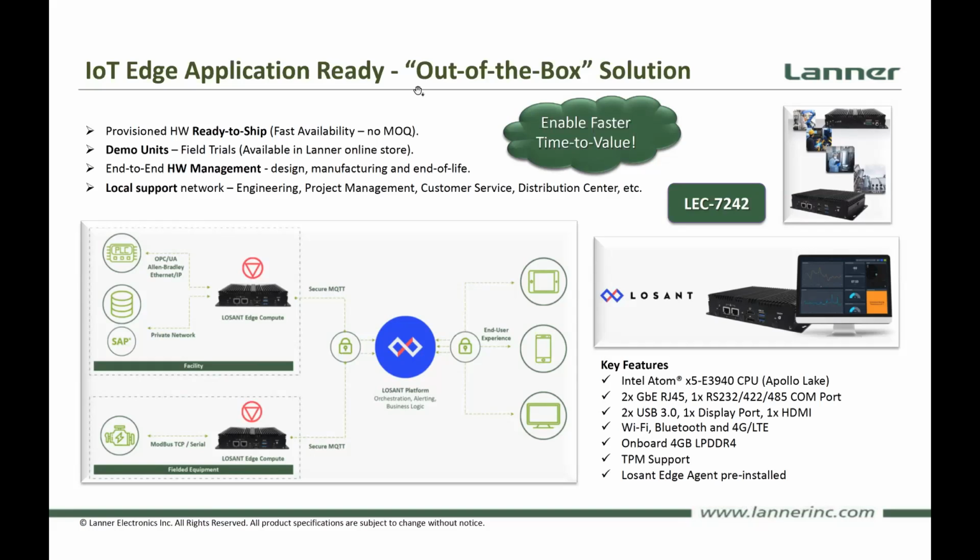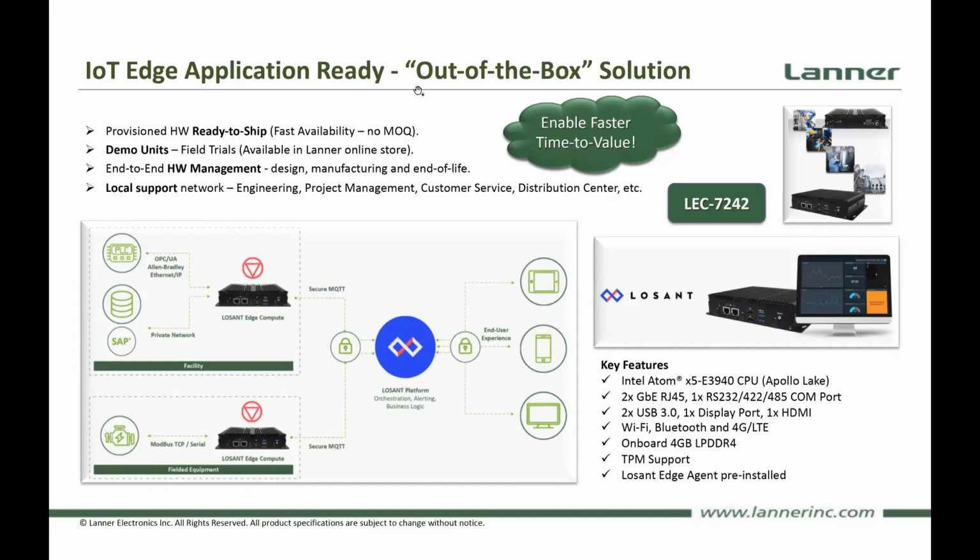It's powered by the Intel Atom Apollo Lake platform, and in a factory environment it supports the common interfaces, whether serial or Ethernet. On the communication side, it comes already pre-packaged with Wi-Fi, Bluetooth, and cellular connectivity. And this particular model is actually pre-validated on the AT&T network.